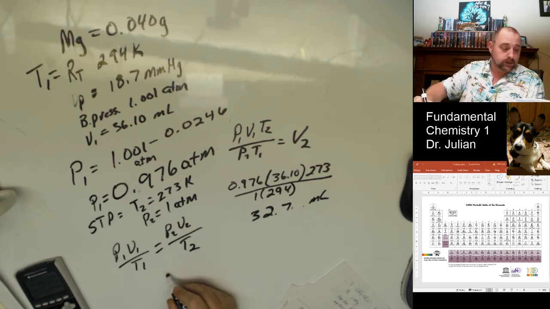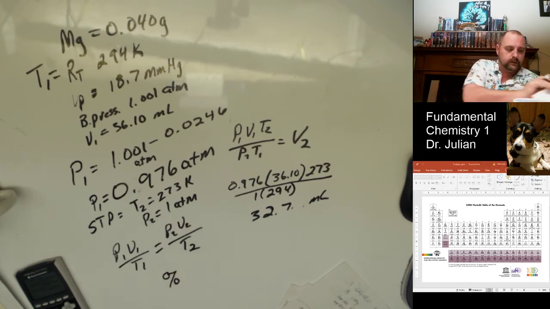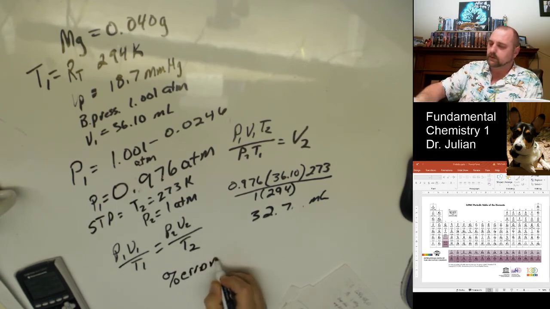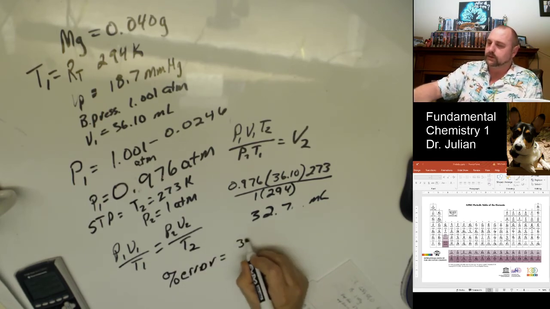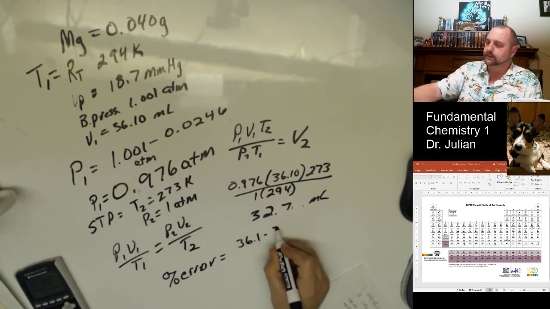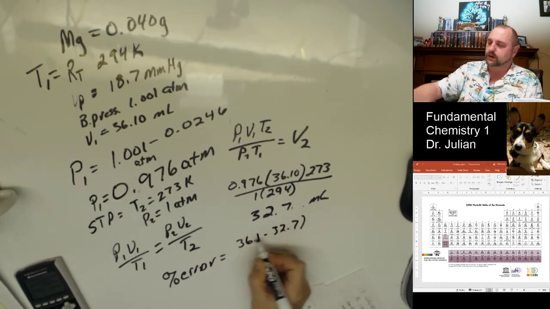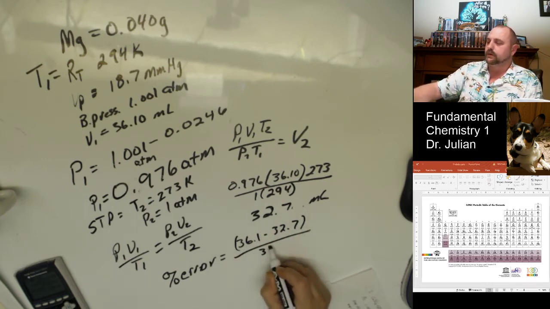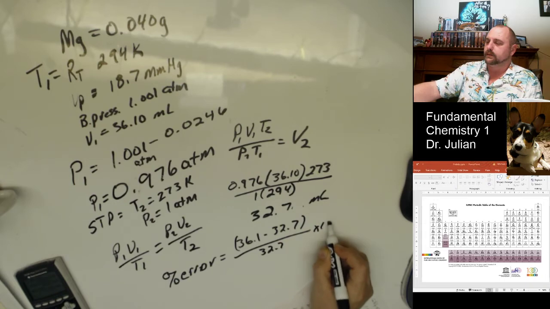So percent error will be the 36.1 that we got minus the 32.7 we should have got. Don't forget absolute value in parentheses on the top, and 32.7 on the bottom, and times 100.